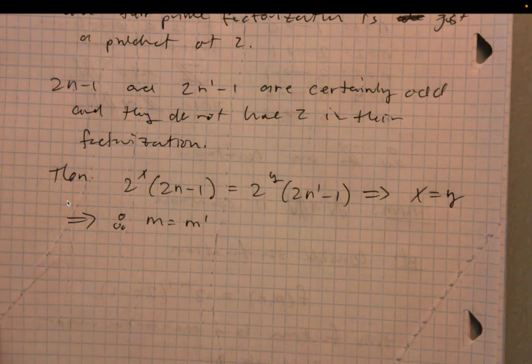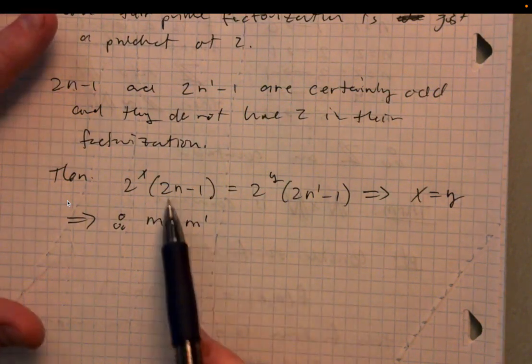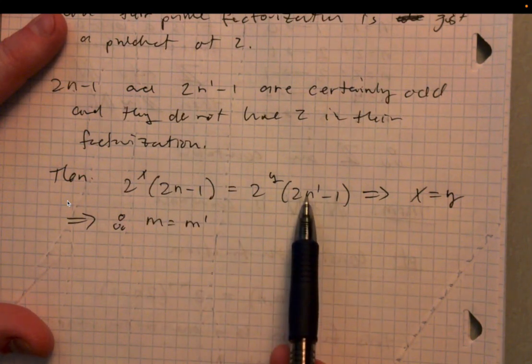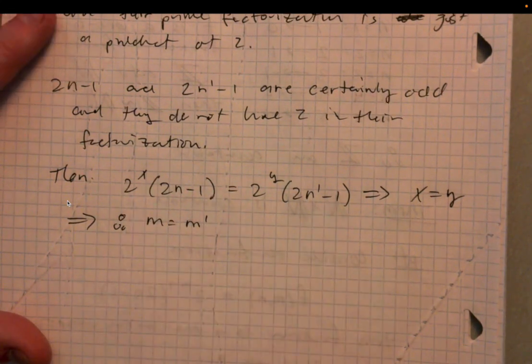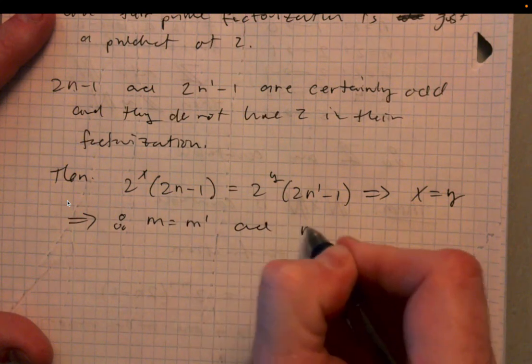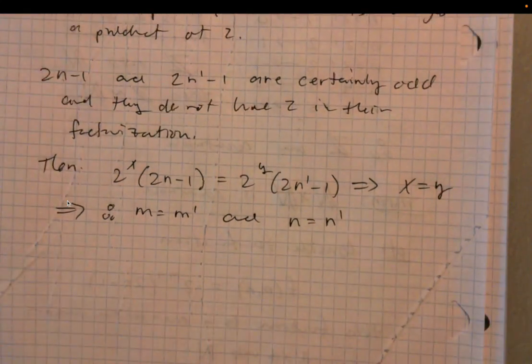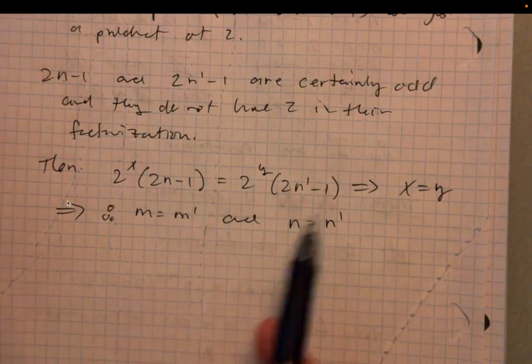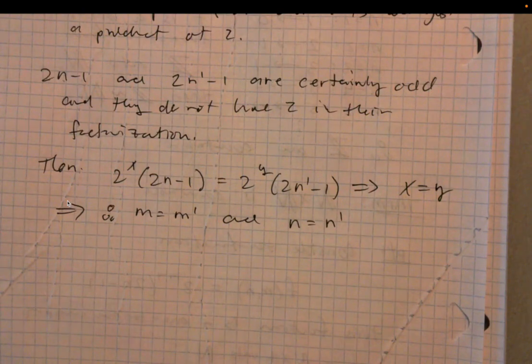Okay. And it also follows then that n and n prime must be the same as well, since the factorizations are the same. Since the odd part of the prime factorization must be equal as well, clearly n and n prime have to be the same also.